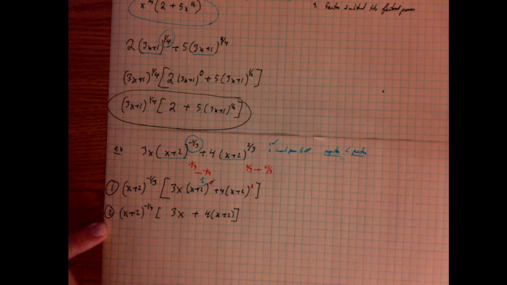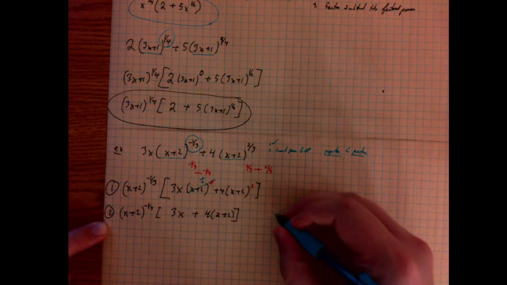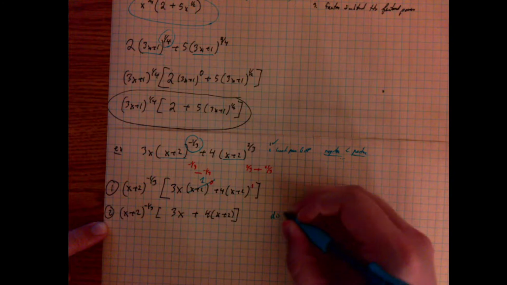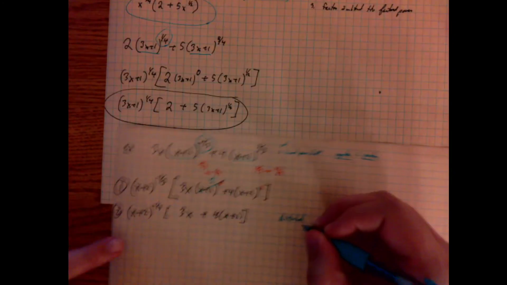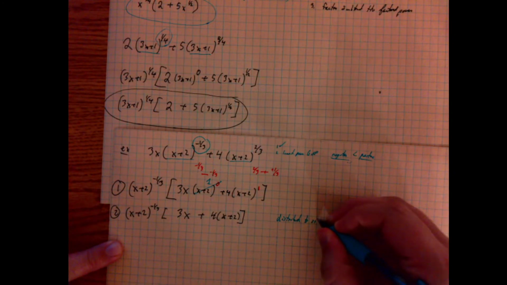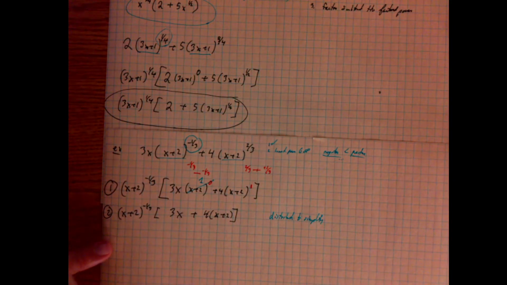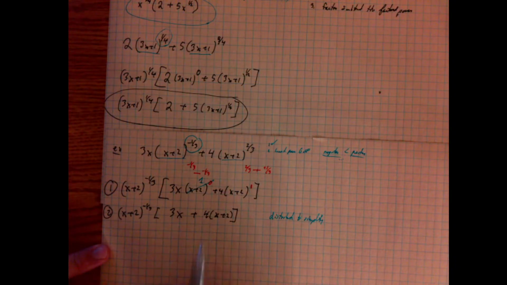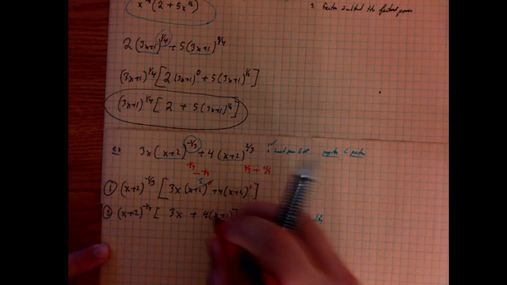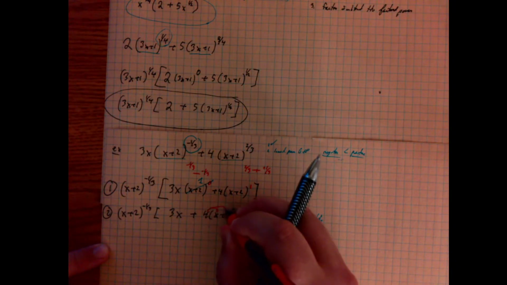Now, the next big thing you can do, we can actually distribute and simplify. Okay, so we're going to take this 4, we're going to distribute it to the x and to the 2.